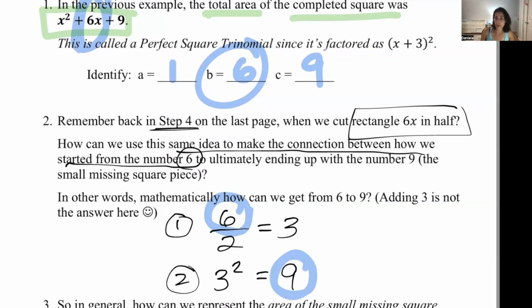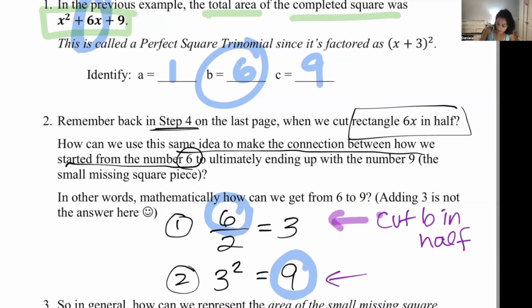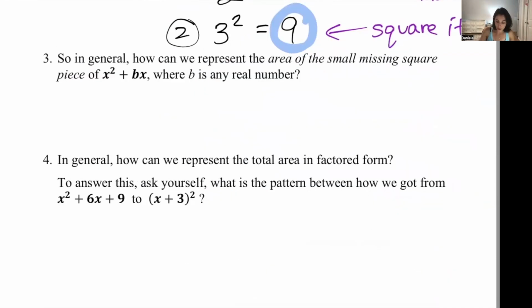So again, if you remember, one of the steps from completing the square is we cut b in half. And then the second step is to take that answer and we square it. That's where it comes from. In general, how can we represent the area of the small missing square?